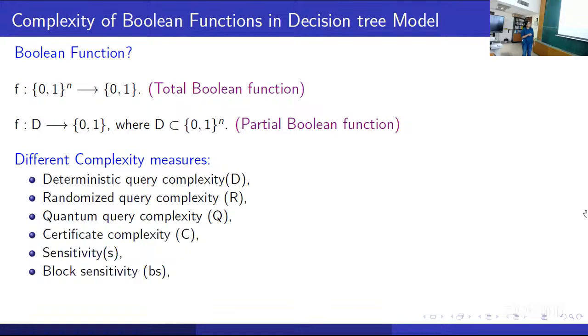There are also combinatorial measures like certificate complexity, sensitivity, and block sensitivity. I don't need all of them, so I'm not going to define them. And there are some algebraic measures like degree and approximate degree, which we'll be talking about. All of these are very old and classical measures, and a lot of other complexity measures are there.